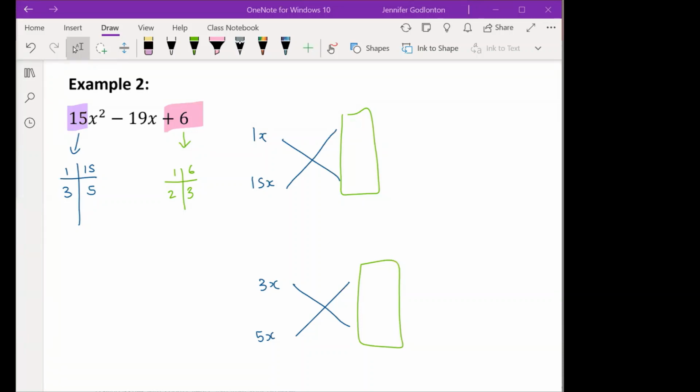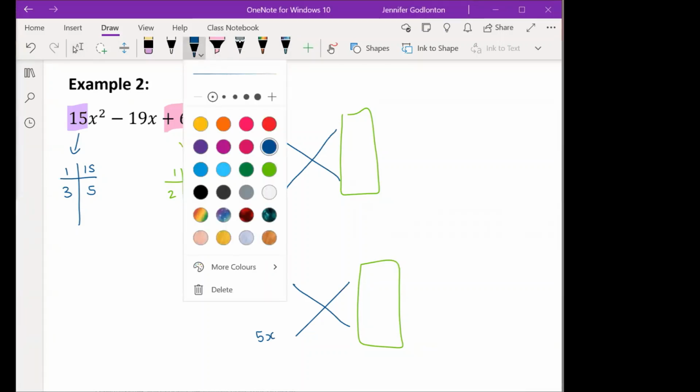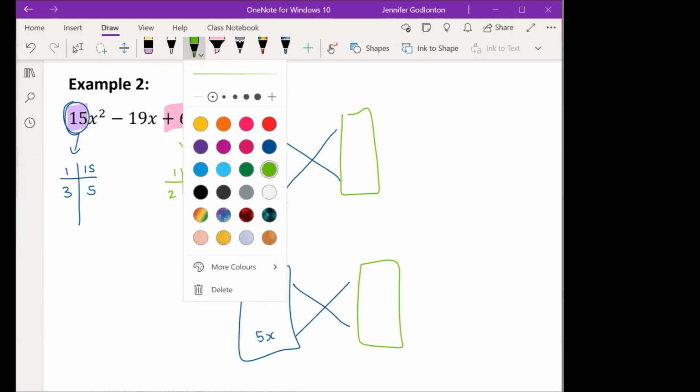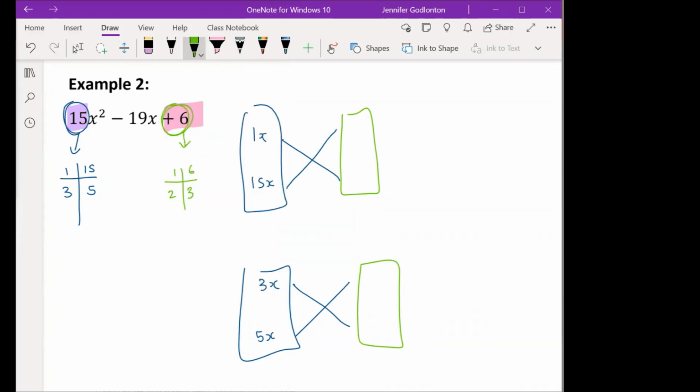I only have one so far, but I can't solve the factors for 19. 19 is a prime number. So there's only 1 and 19, but we don't need to use the factors of 19. So can we use the ones for 6? Yes, exactly. That's what we do. You said that beautifully. So the first part here, to get these two numbers, we use our 15. And to find the second set of numbers, we use our 6.